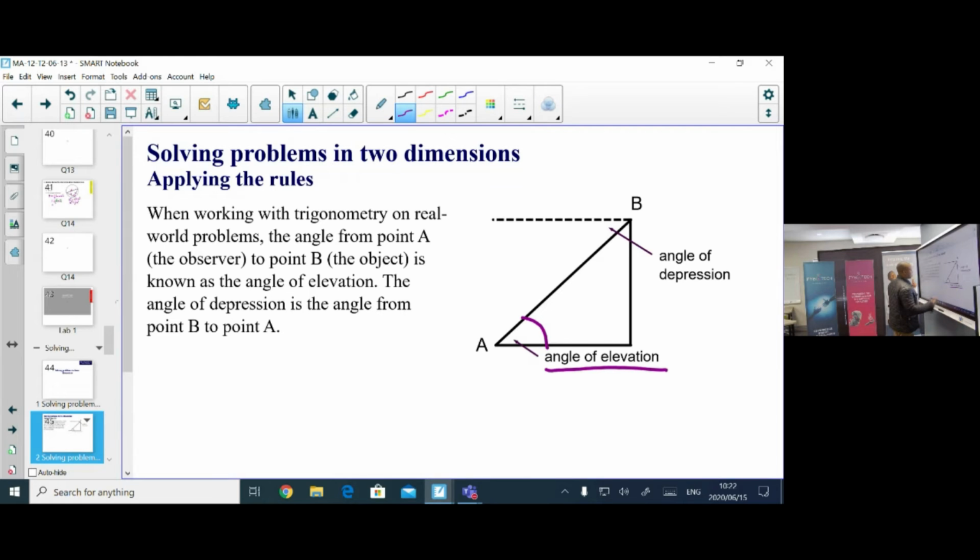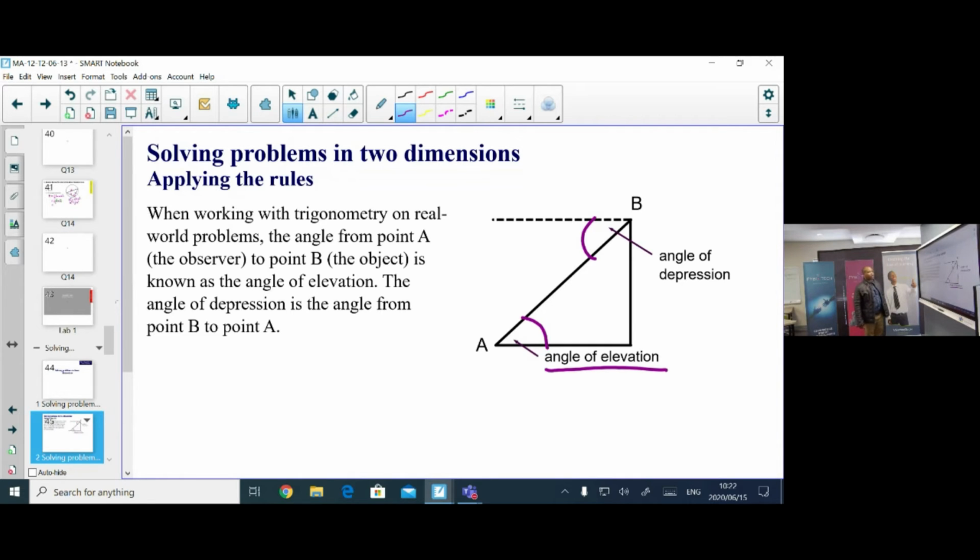So it's labeled right here. So the angle of elevation is at the bottom, and then the angle of depression is the angle from point B to A. So that on the top is the angle of depression.